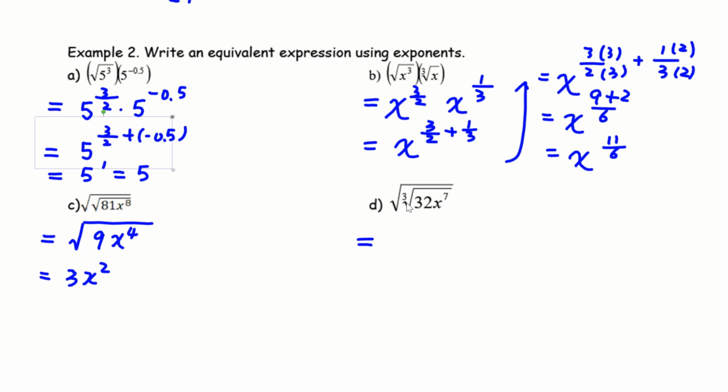Then the next one, square root, then third root of 32 is not an integer, so we are going to convert it, use another method. So this square root we write it as 1 over 2. Then this third root is 1 over 3. Then we put the base here.